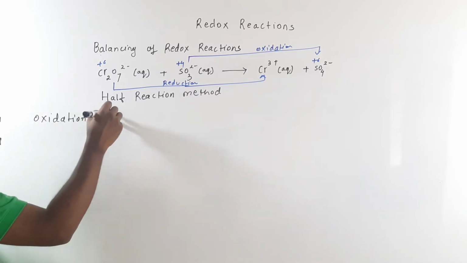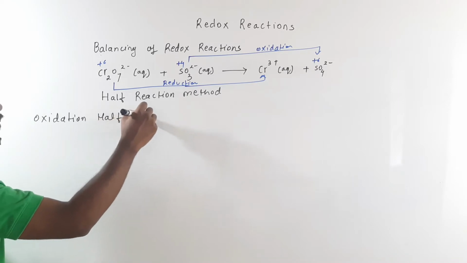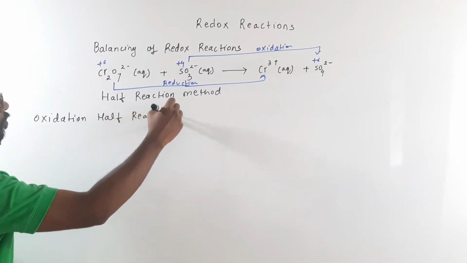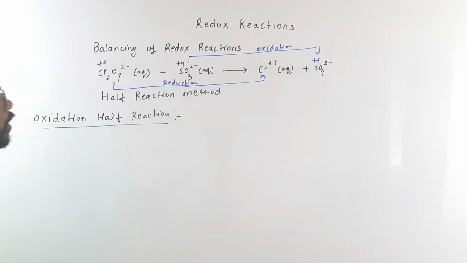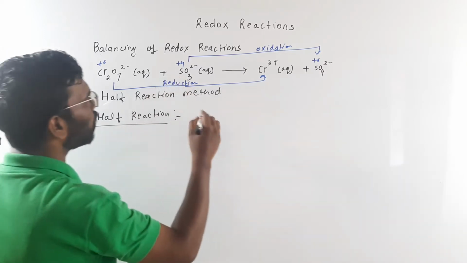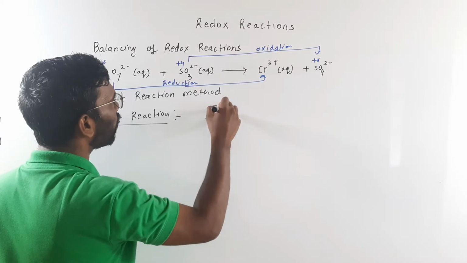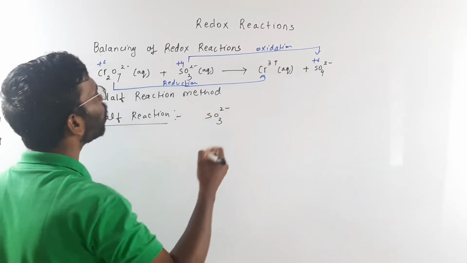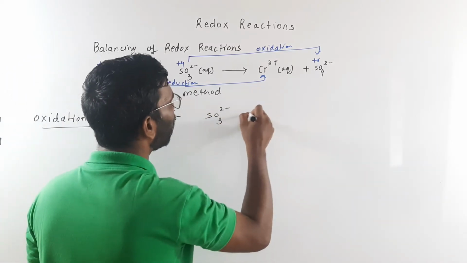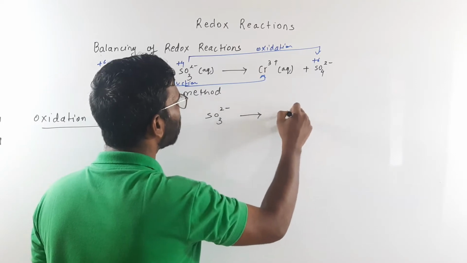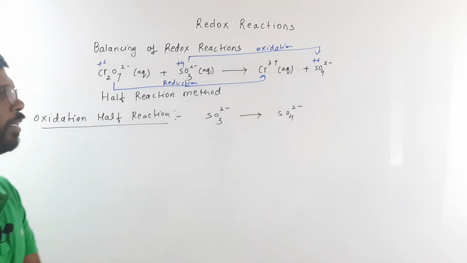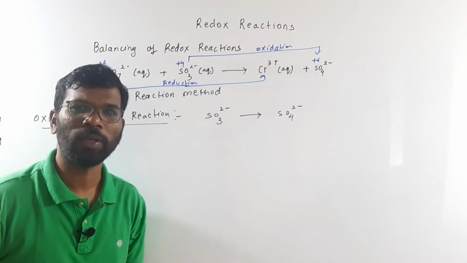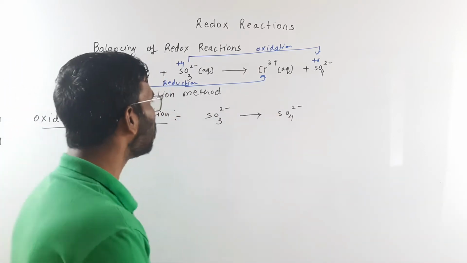The oxidation half reaction is SO3 2 minus getting converted to SO4 2 minus. This is what you have written.